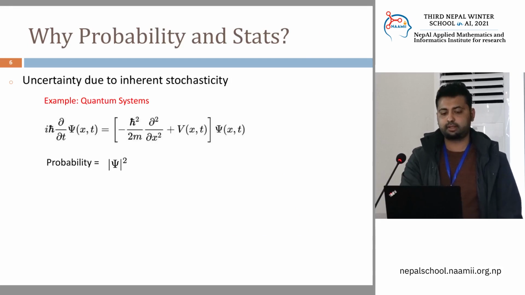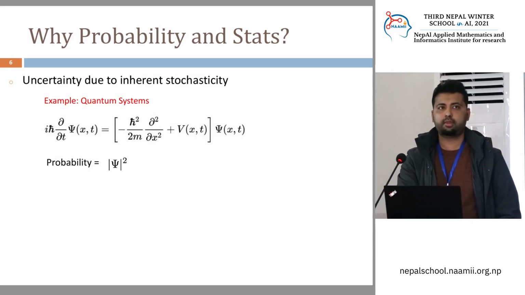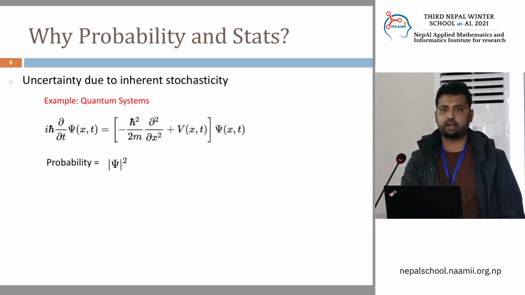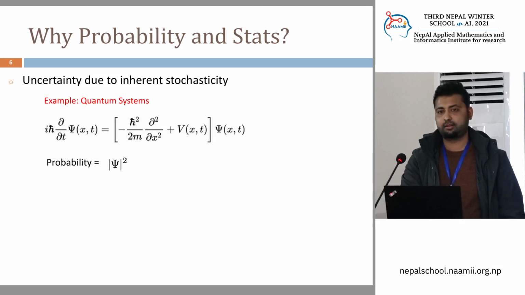So, for example, if you look at different physical phenomena, some of them have intrinsic uncertainty and randomness in them. For example, quantum systems, this is the Schrodinger equation, which are inherently stochastic in nature.